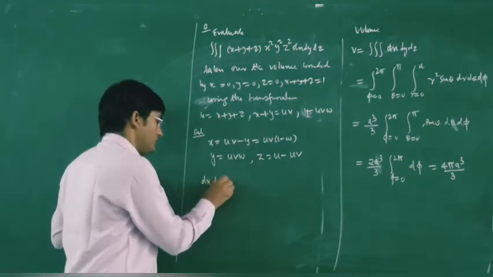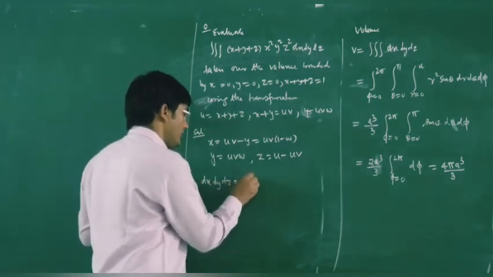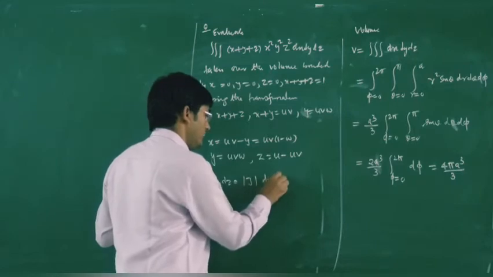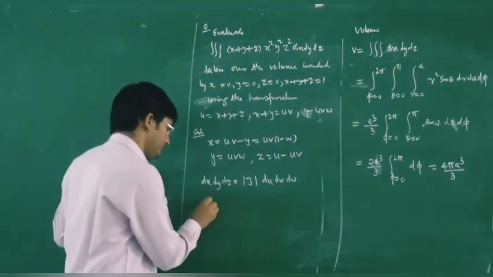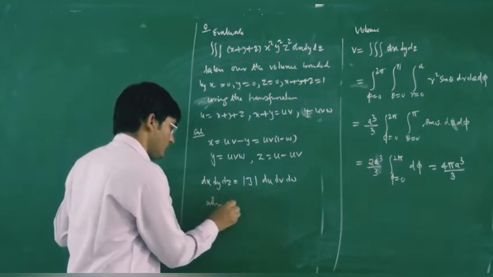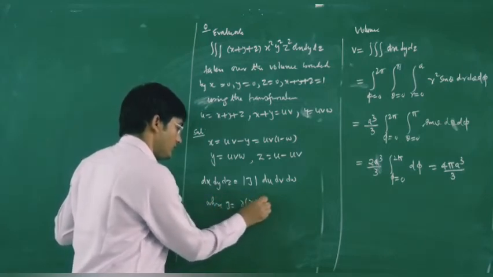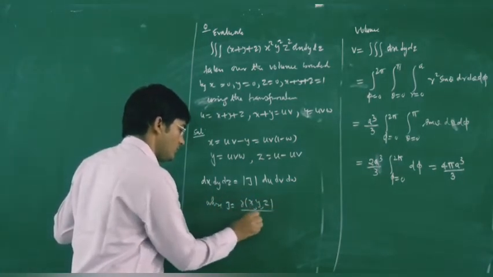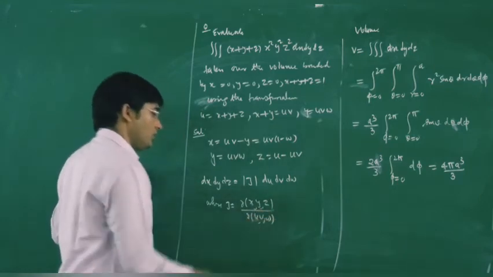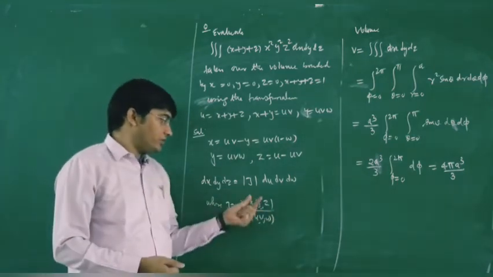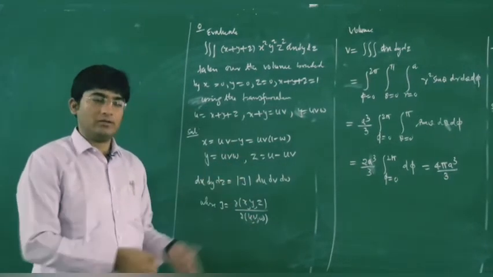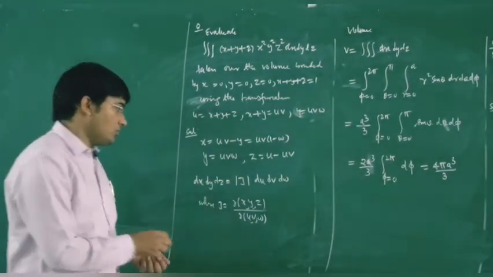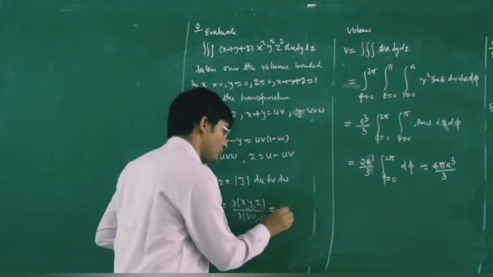Now as we have to evaluate this problem using this transformation, by change of variable we have dx dy dz equal to mod J du dv dw. Here J will be the Jacobian of x y z with respect to u v w. I have already given you the Jacobian of x y z with respect to u v w in my lecture on the Jacobian, and it was equal to u square v.